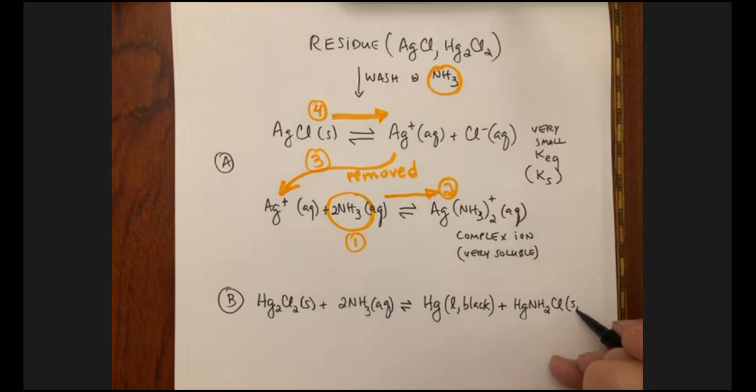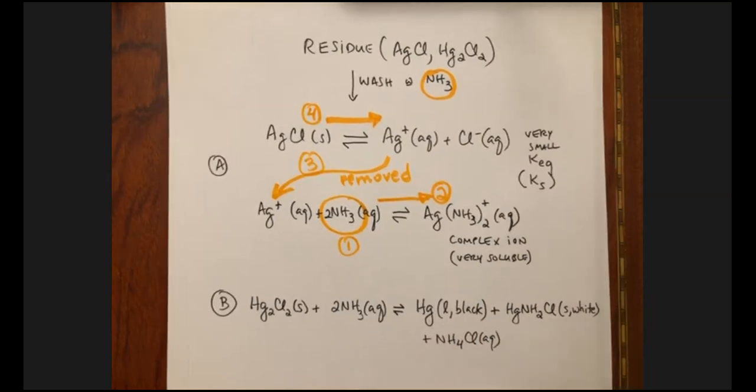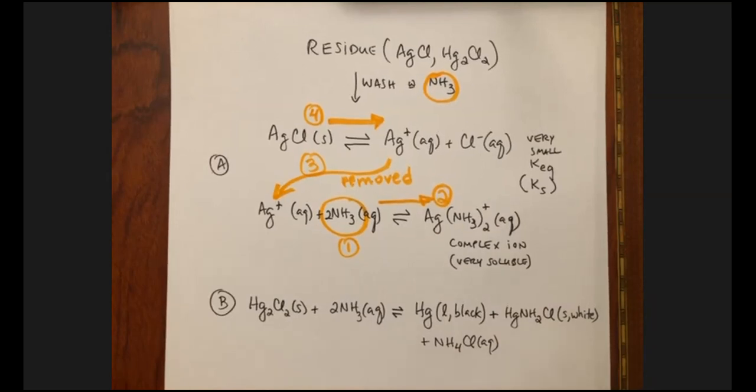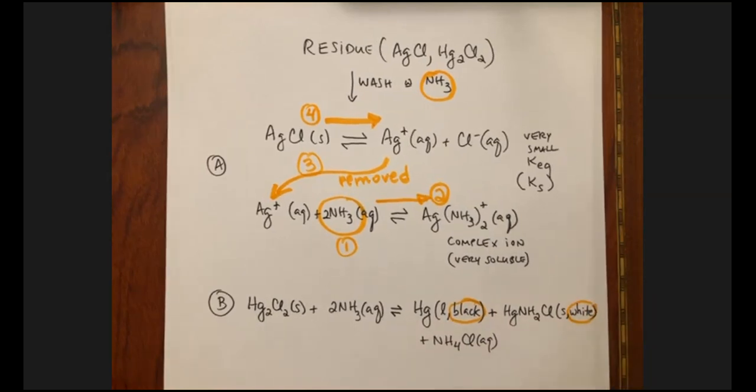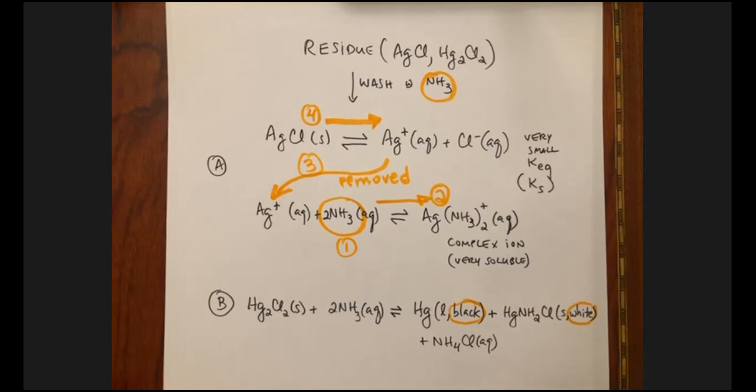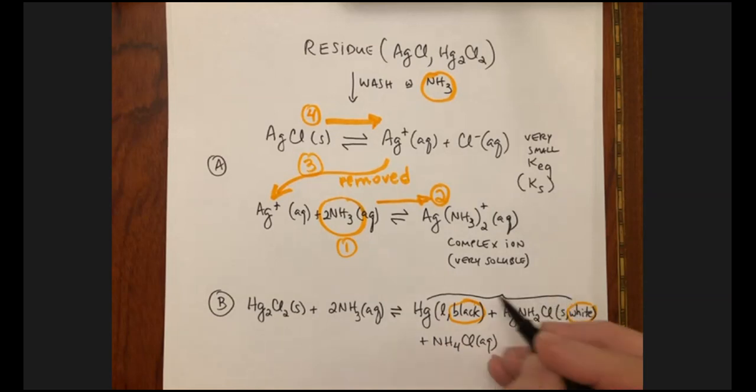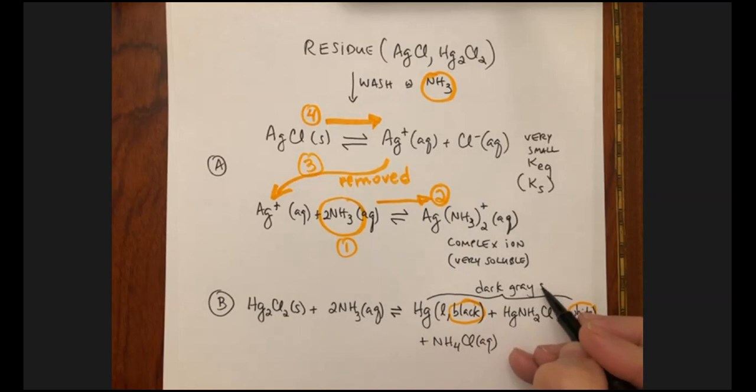This is essentially a white solid, and the other product is going to be simply ammonium chloride, which will stay in solution. So between the black mercury and the white complex of mercury here, what's going to happen is you're going to get something like a dark gray solid.